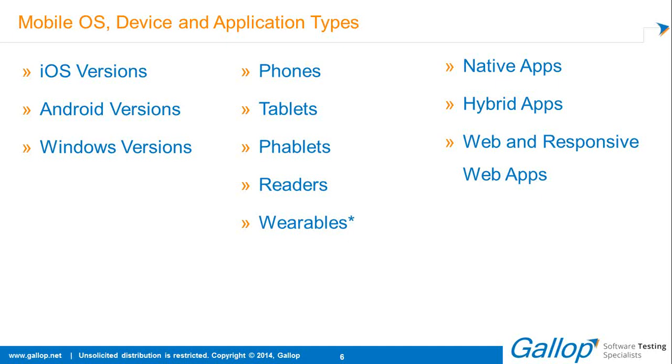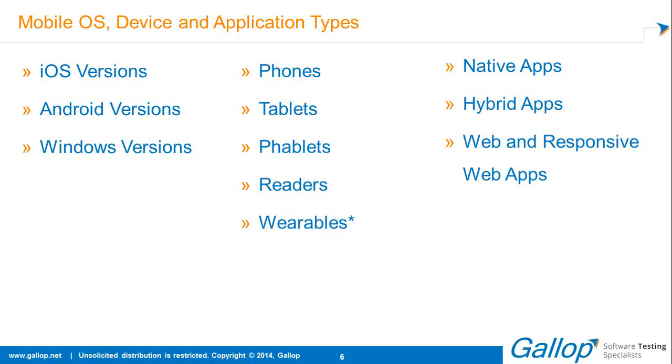That's what you call the hybrid apps. And then you have your web applications or responsive websites that you want people to browse through their mobile devices. So considering the wide variety of devices and application types, as you can see, the mobile landscape is quite complex.